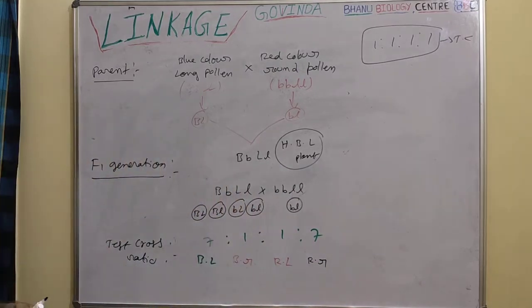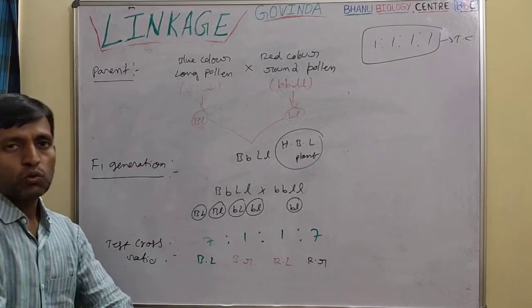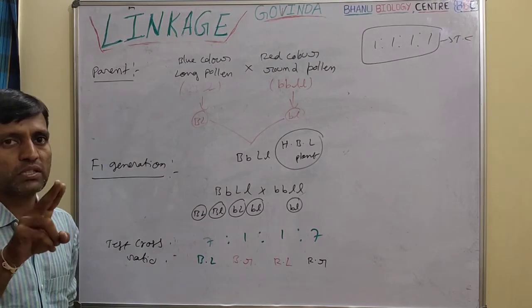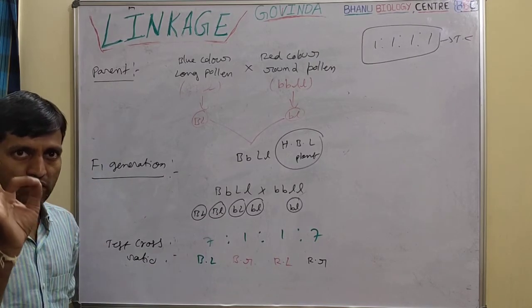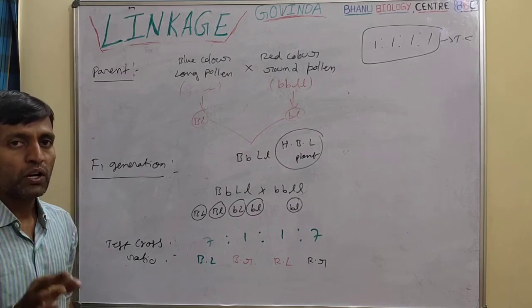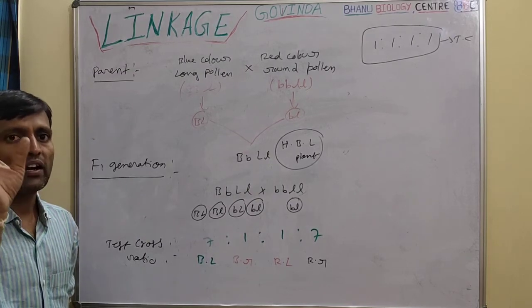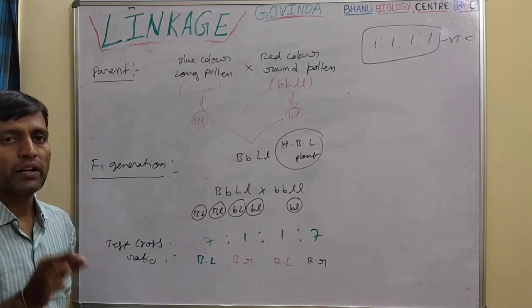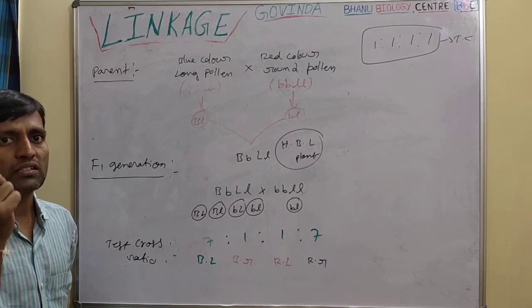Red and round. Here the reason is that the two dominant alleles or two recessive alleles present on the same chromosome do not segregate and assort into different gametes. They tend to remain together and enter the same gamete.